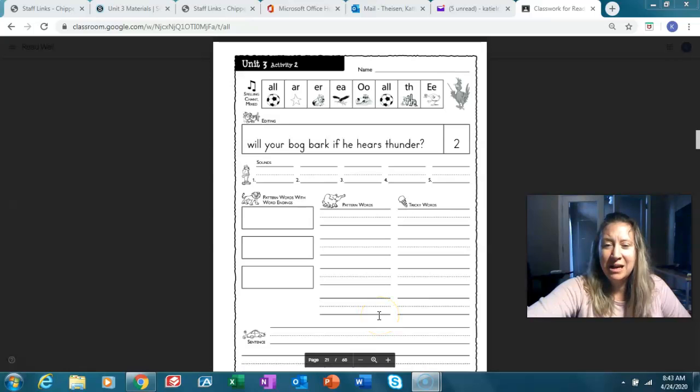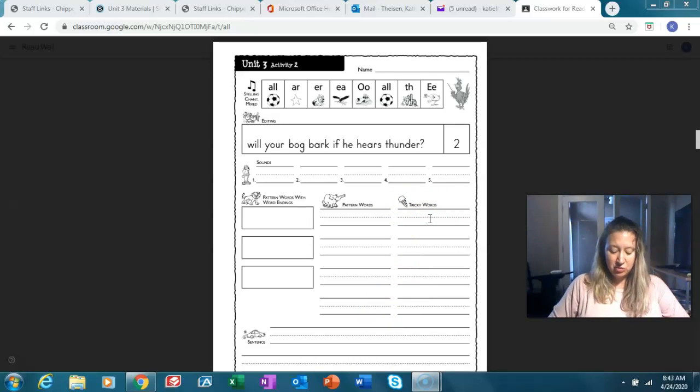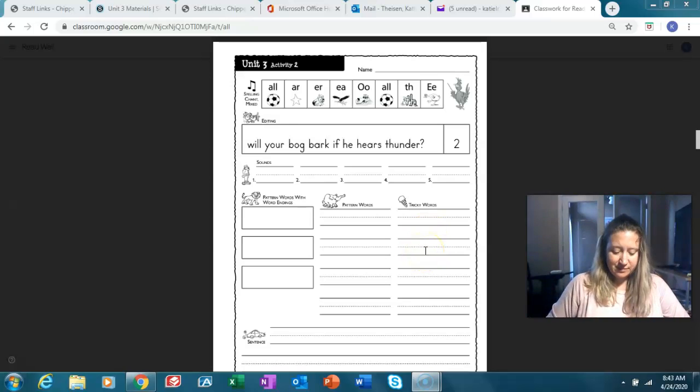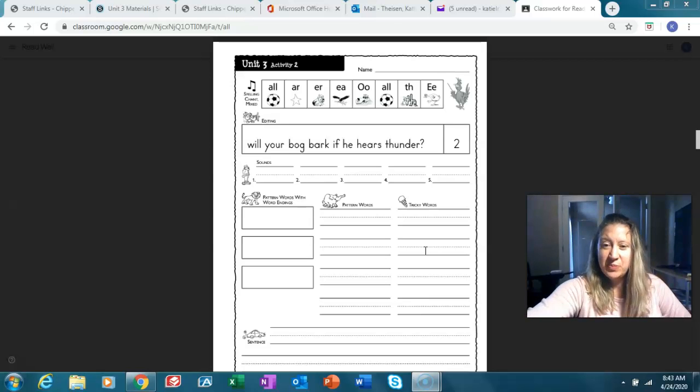And you should have spelled that H-E-R. Going up to the ice cream cone, I'm going to give you some tricky words I want you to write down. The first tricky word is what. And that should be spelled W-H-A-T. Next word, do. And that should be spelled D-O. Next word, from.